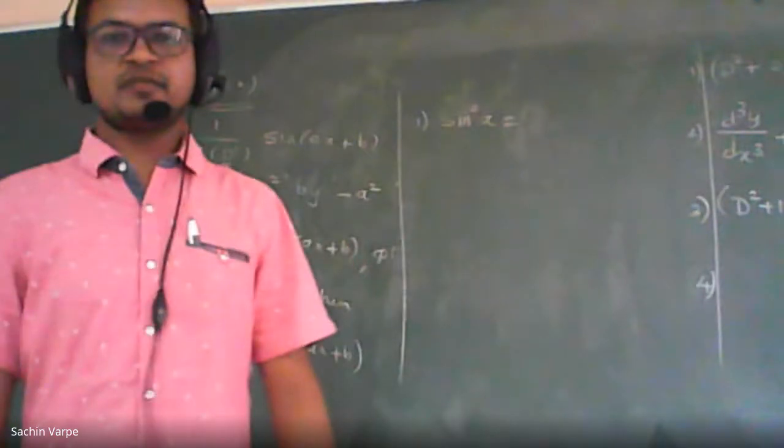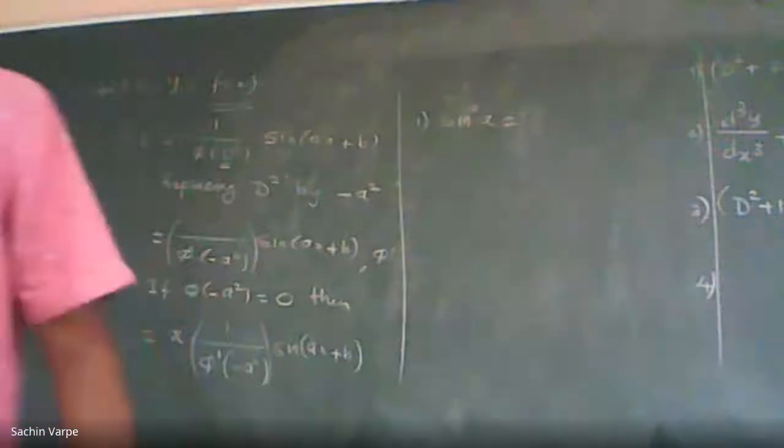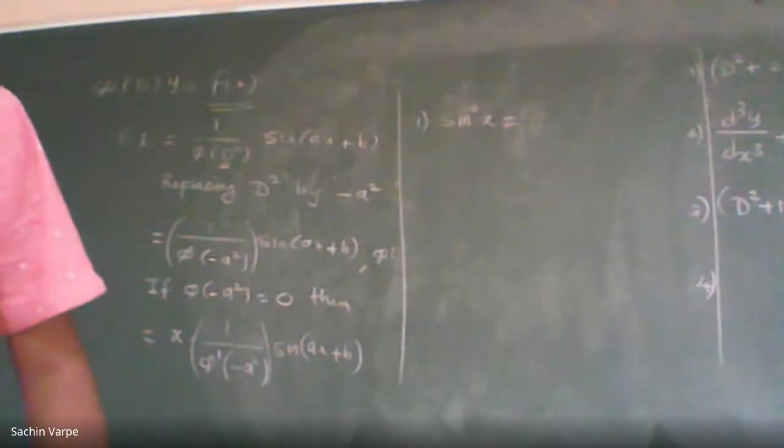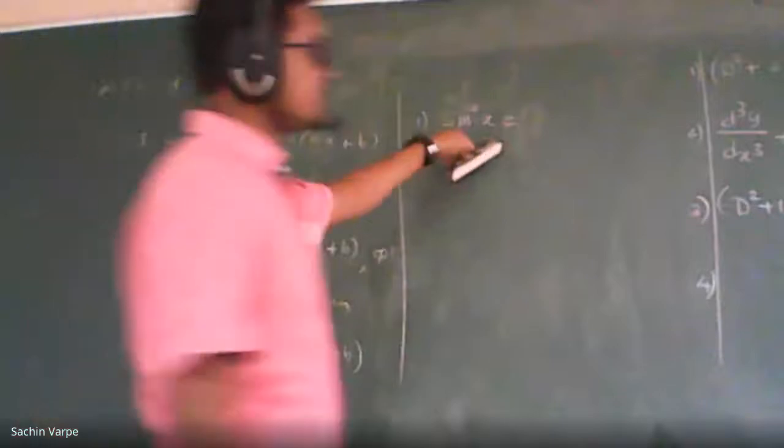Do we have any formula to convert sine square into linear form? Sine square x is equal to sine square x or sine square theta.